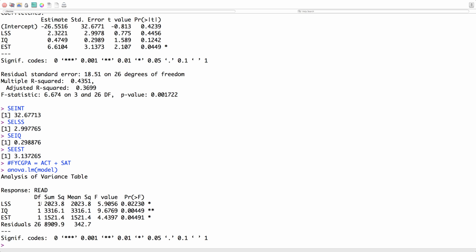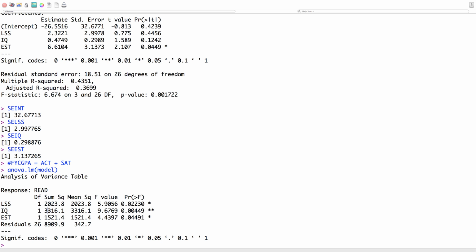All right, gang, here's what happens. This breaks down the sum of squares in partitions. This looks at kind of a hierarchical modeling, in a sense. This sets out, first of all, the sum of squares for LSS. This p-value talks about the sum of squares being statistically significant.